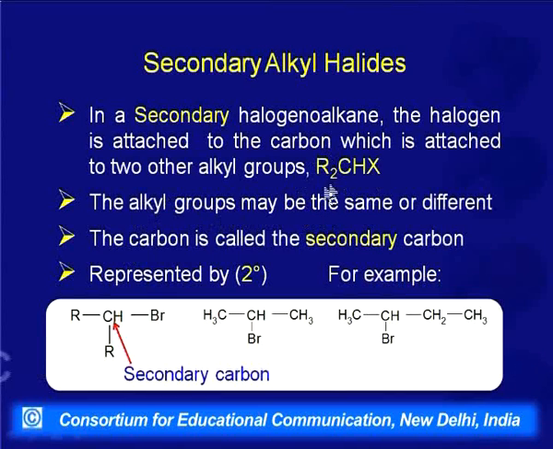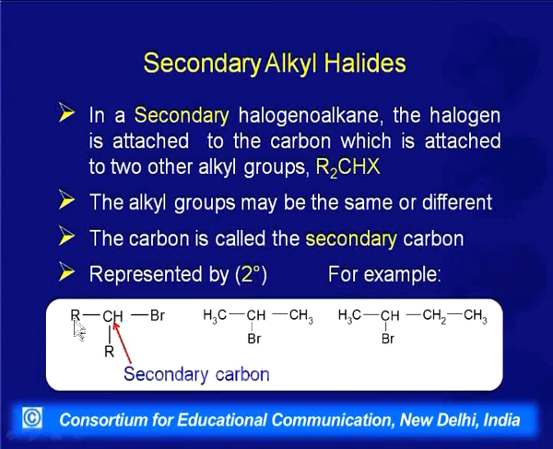Now, because we have 2 alkyl groups, not necessarily, if we have one methyl group, the other has to be a methyl group only. The other can be an ethyl group too. The carbon is called secondary carbon, and it is represented by 2 degree.